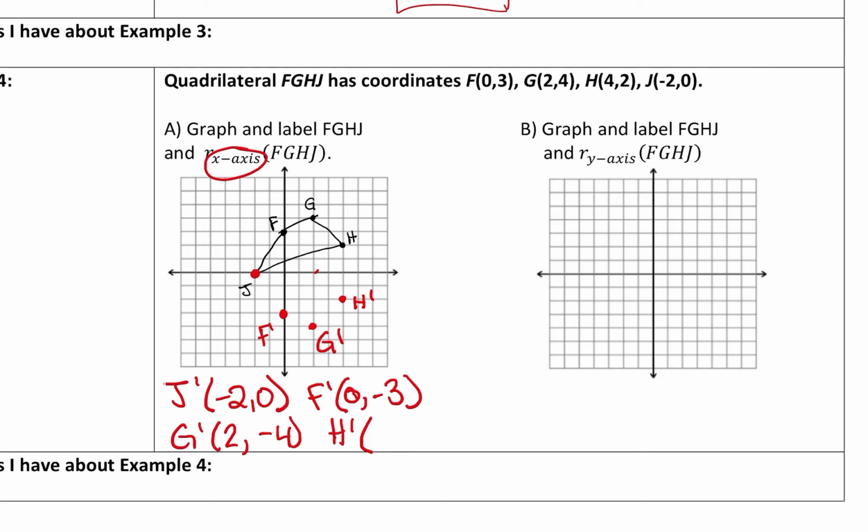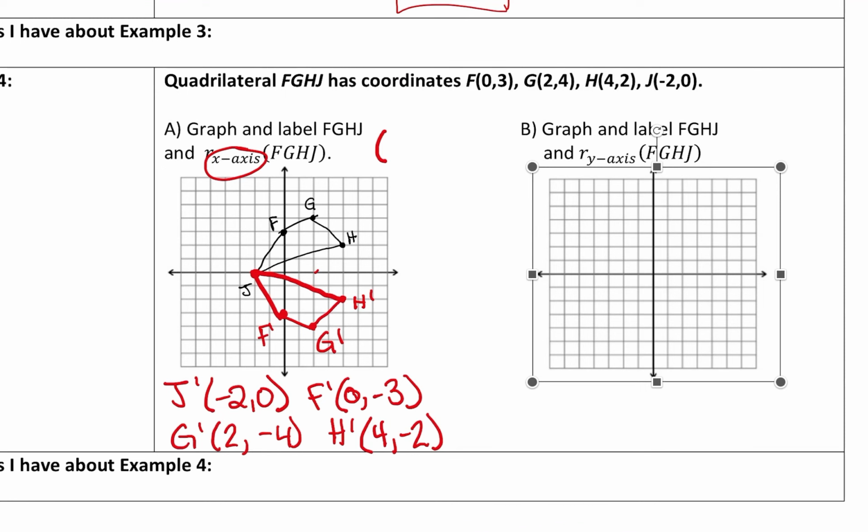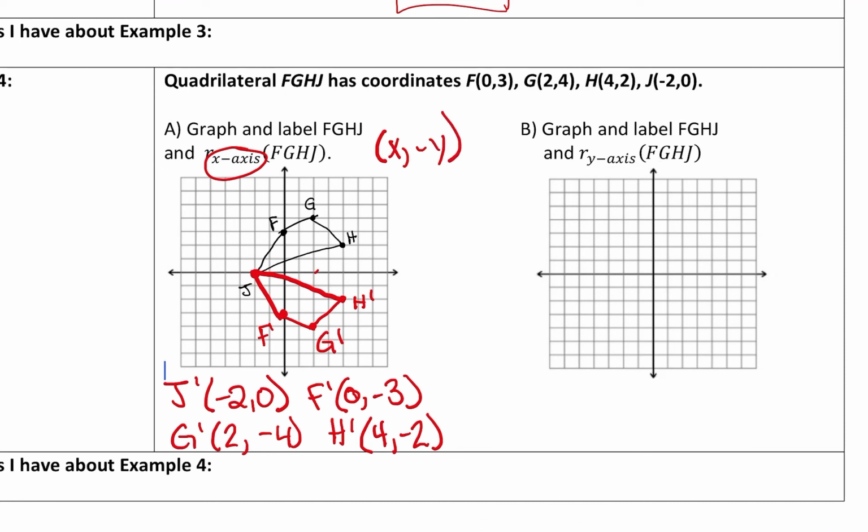H prime is going to be at 4, negative 2. And again, remember our rule for reflections over the x-axis is x, negative y. So this is why we know that all we're doing is negating all of these y values.